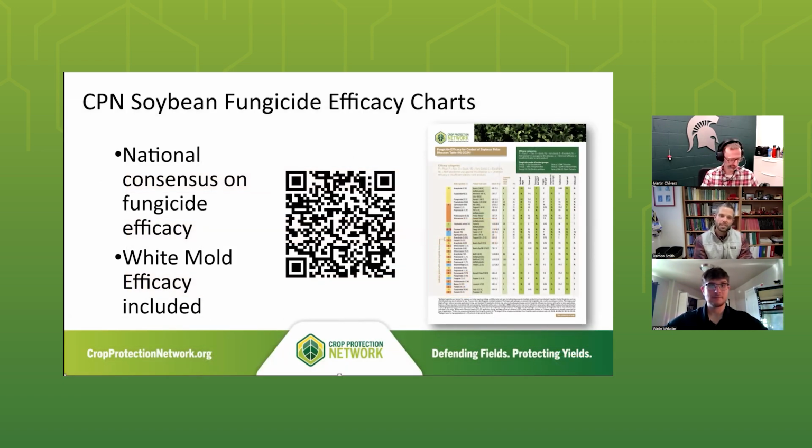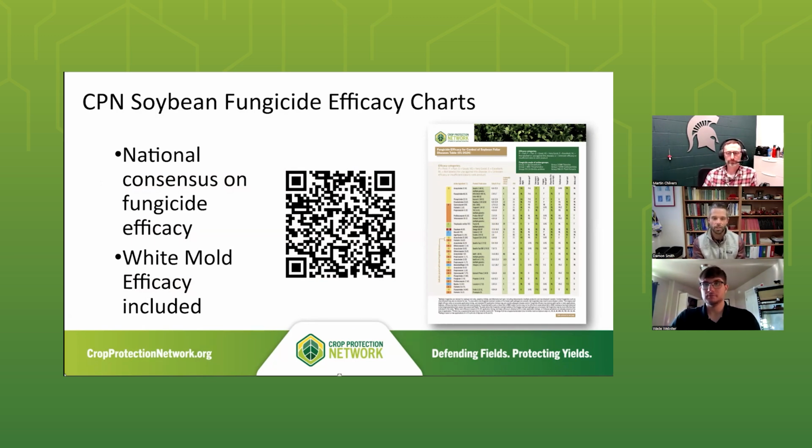So the other thing I just wanted to mention too is that there's lots of places to find fungicide efficacy data. Looking at trials like myself or Marty or Wade, but we also get together and through the Crop Protection Network, we compare our efficacy ratings each year, and we combine those every year into these fungicide efficacy charts.